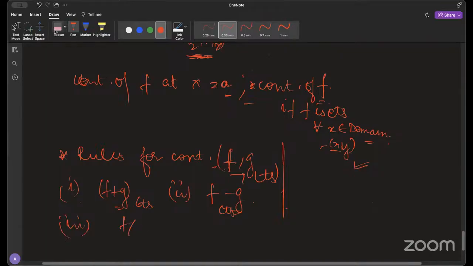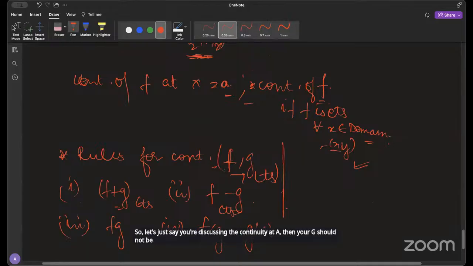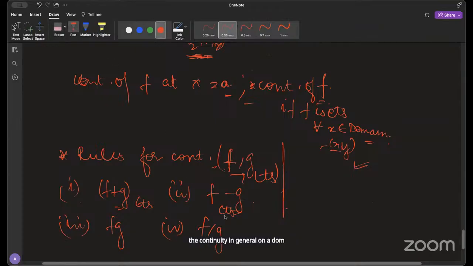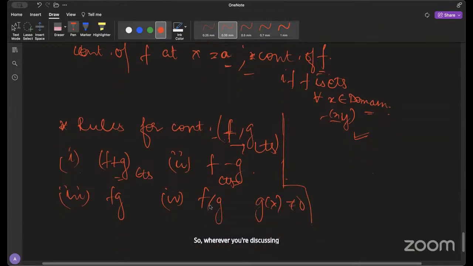The product f g is continuous, and f by g is continuous provided your g is not 0. So if you're discussing the continuity at a, then your g should not be 0 at that point. Or if you're discussing the continuity in general on a domain, then your g of x should not be 0 anywhere. So wherever you're discussing the continuity, your g should not be 0 there. So if your f and g are continuous, all of these are continuous.